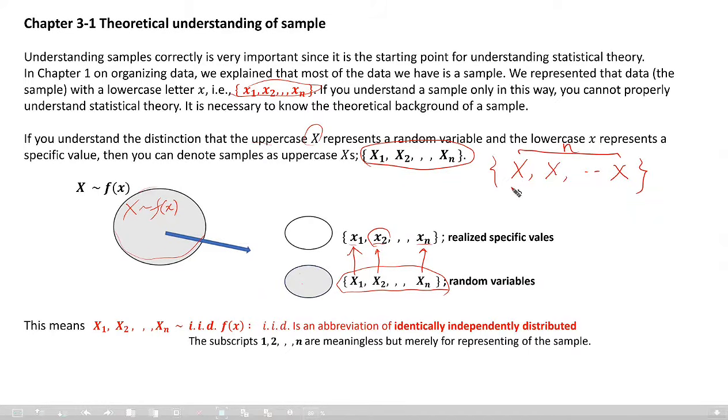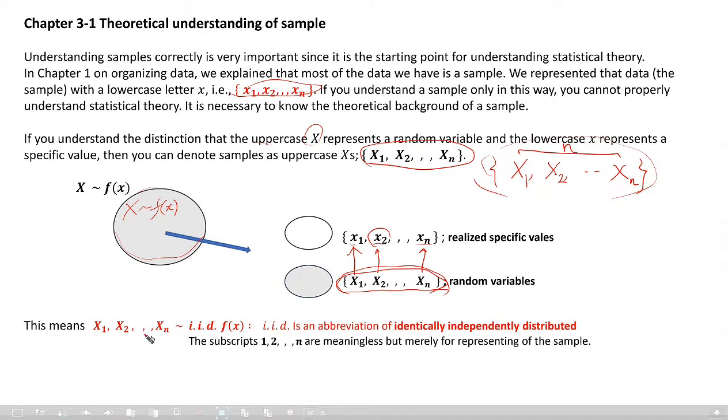I think the initial concept of a sample starts from here, but it is not convenient, right? So add subscripts 1, 2, small n. Oh, it is simple, like this. This is the theoretical sample you have to keep in mind, okay?